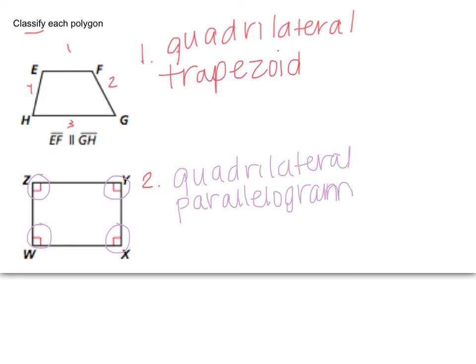If we have 2 sets of parallel lines like we do, that makes it a parallelogram. Now these 90-degree angles also mean that it is a rectangle. We would stop there because it would not fall under a square or a rhombus. So at this point you can now do your exit slip.